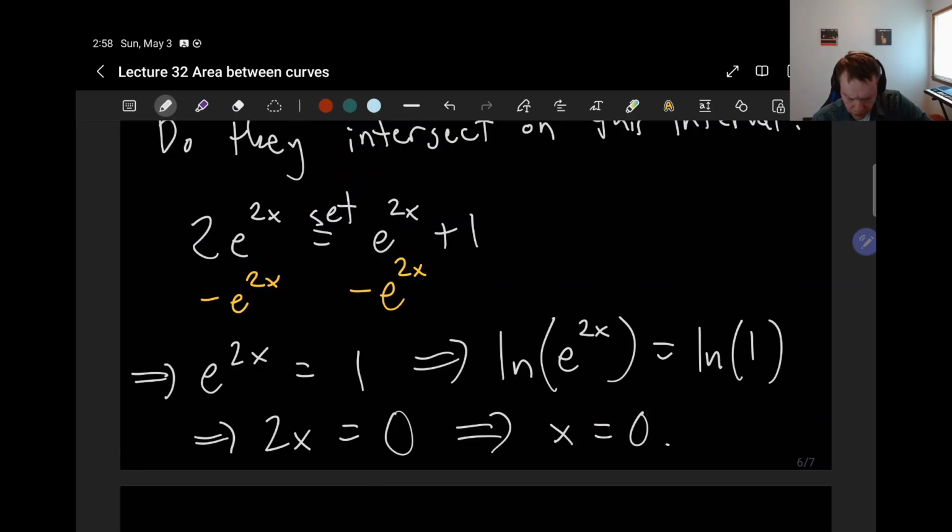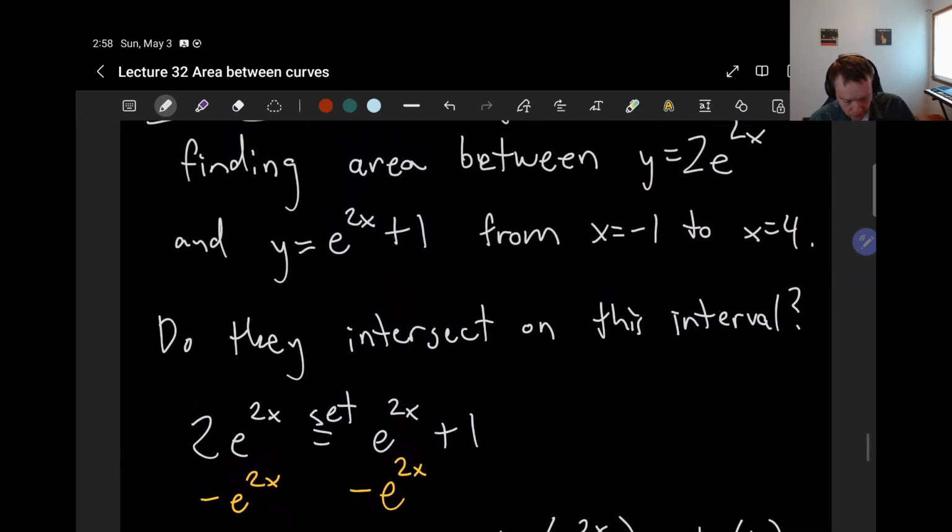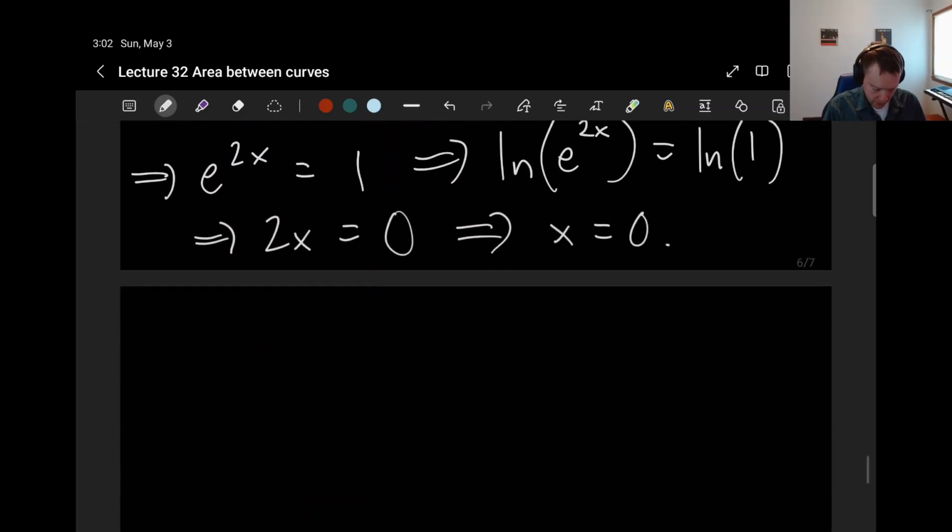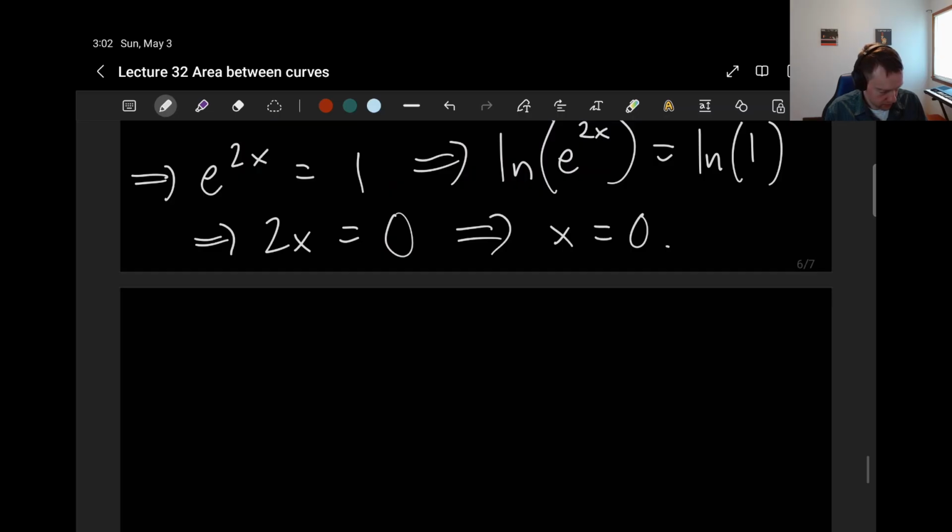Now, is that on our interval? Well, yes, we're looking between -1 and 4. So we're going to have to split this into two separate integrals, with x equals 0 being our transition point. So I want to put this in writing.